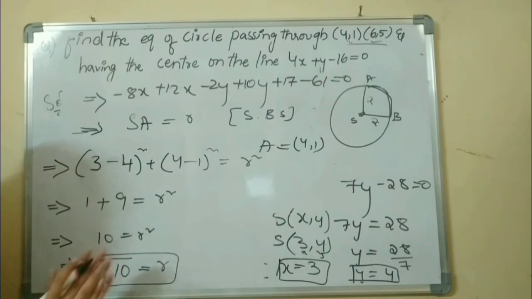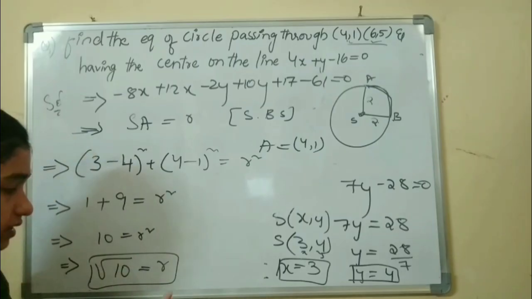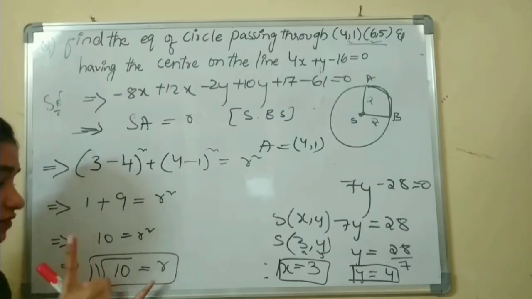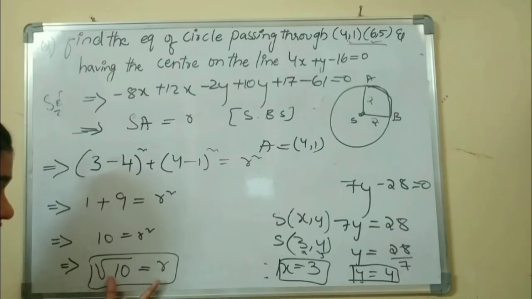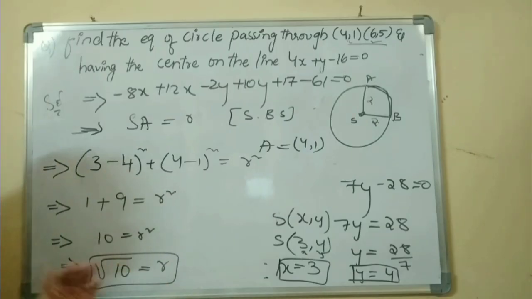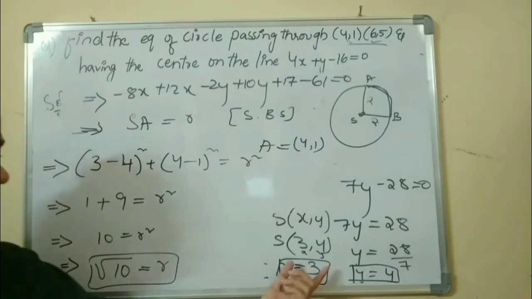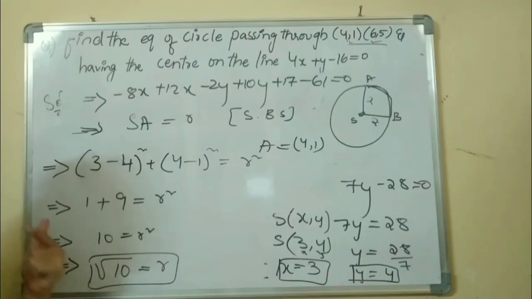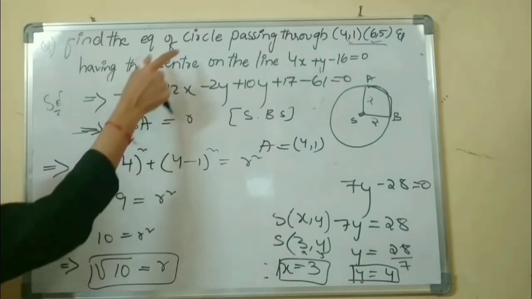Okay, so as we did in the previous sum, the first sum of the circles chapter, which is a very important sum, we will do the same. Simply we got the center and the radius. Now we will substitute in the standard equation.